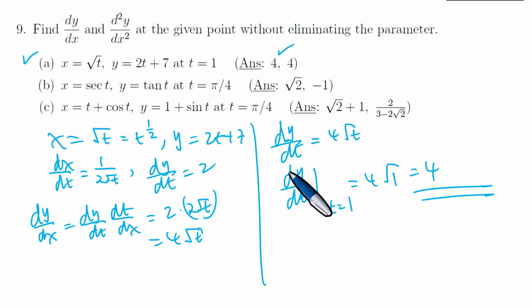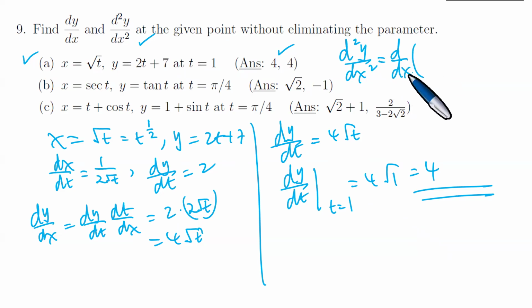And then this is the first one. Then you need to get the second one. So you need to get d squared y over dx squared. It's d/dx of dy/dx. What is dy/dx?